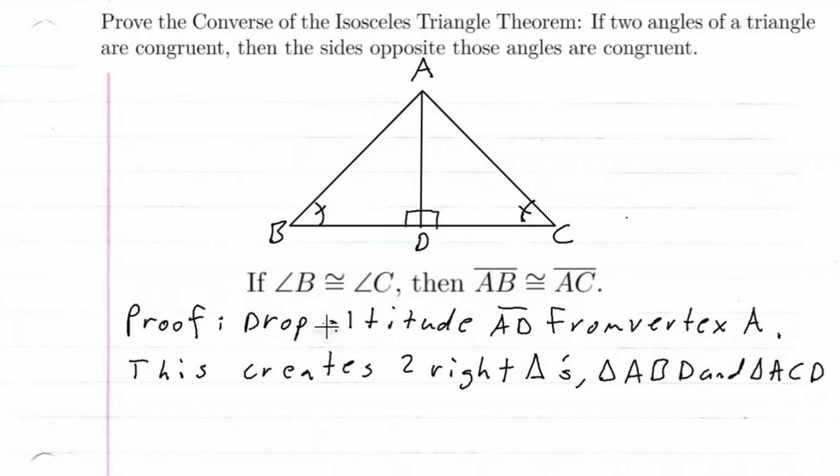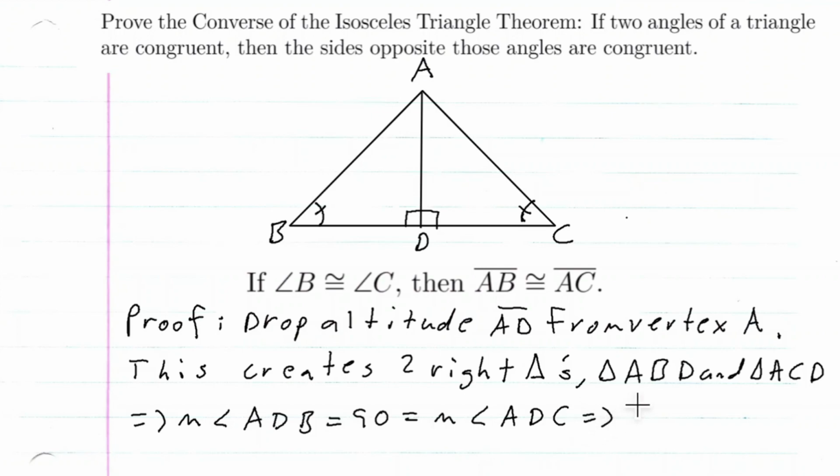Okay, so we know since this is an altitude, this implies that the measure of angle ADB is equal to 90, which is equal to the measure of angle ADC. So this implies that angle ADB is congruent to angle ADC.